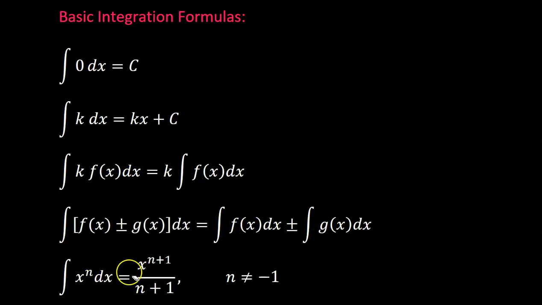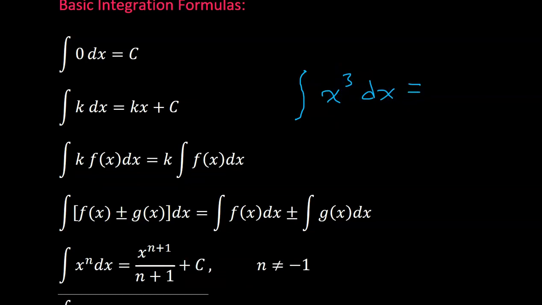In the previous video, we derived this final formula, which is the power rule for integration. This is going to be tremendously important because, for example, if I have the integral of, let's say, x to the third power dx, to find this antiderivative, I will simply increase the power by 1, so that will be x to the fourth power, and then I will divide by that power.